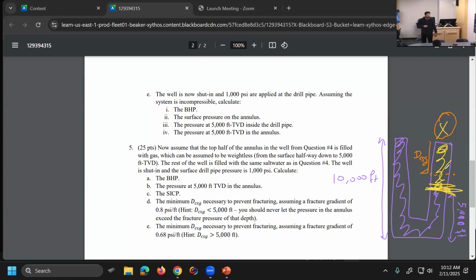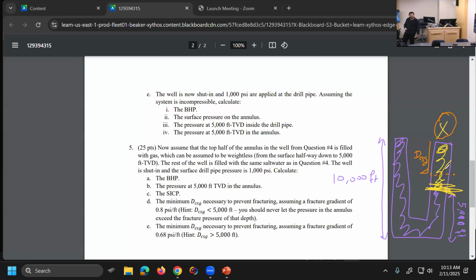So it would be an easy equation if I know FPP. If I know the pressure here, I basically need to set this pressure. If I know the pressure here, what is the difference between the pressure here and the pressure here? That should be equal to you multiply 0.052 times the density. But we said the yellow is weightless.